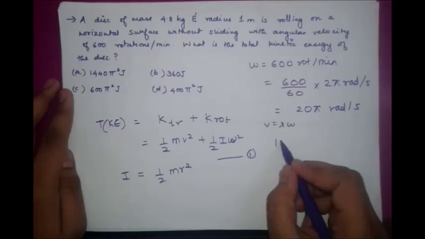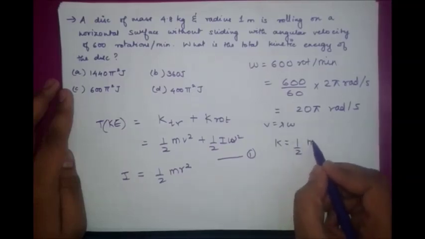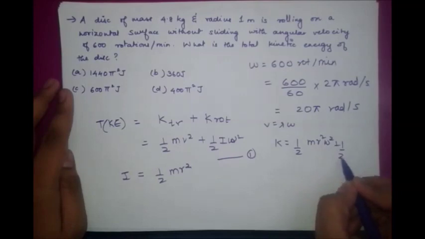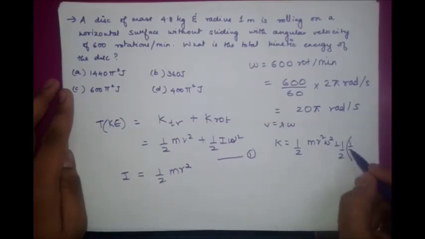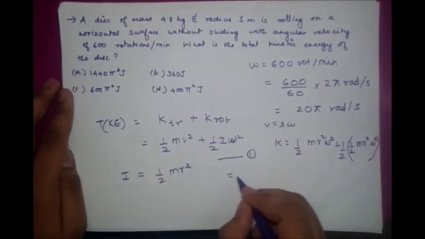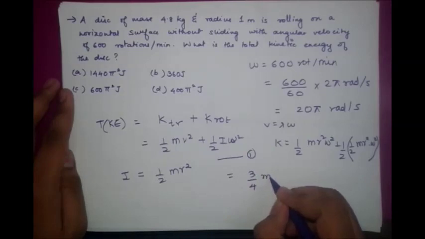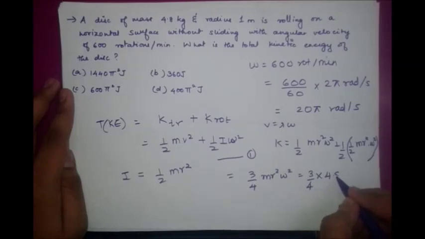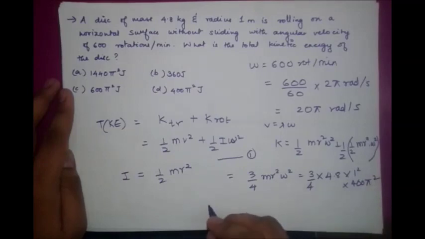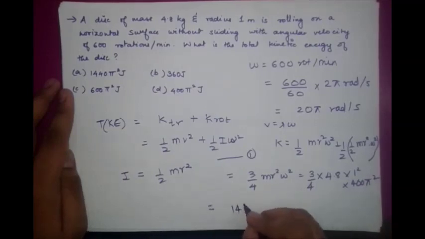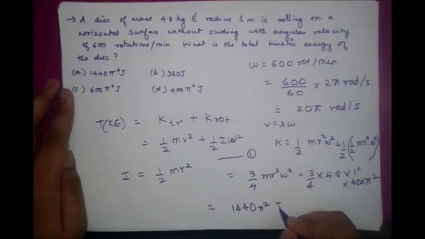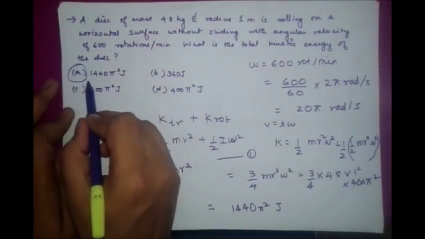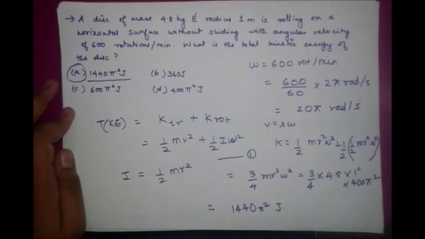From 1 we can say K is equal to half mr square omega square plus half mr square into omega square, which is equal to 3 by 4 mr square omega square, which is equal to 3 by 4 into 4.8 into 1 square into 400 pi square, which on solving we get 1440 pi square joules. So option A, 1440 pi square joule is the correct answer.